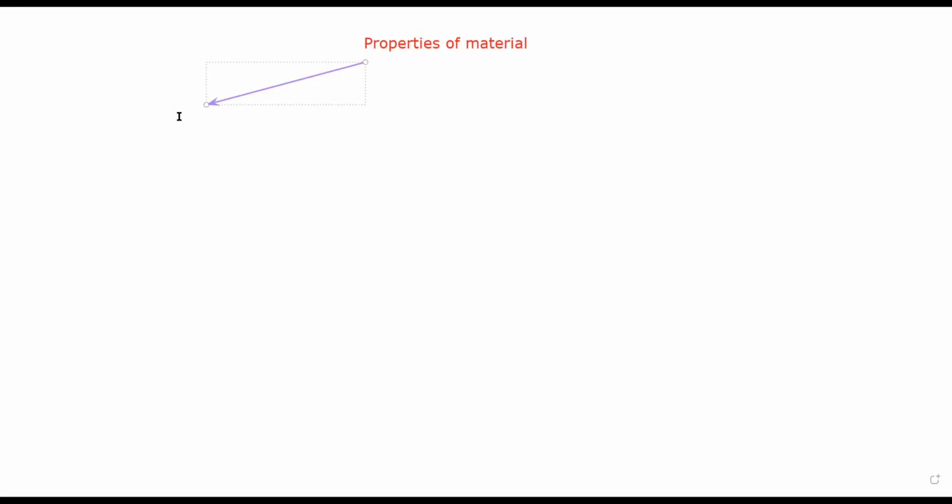A material can be stiff, it can be brittle, it can be malleable, can be ductile, it can be hard.